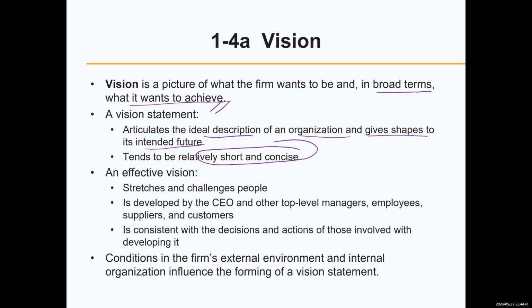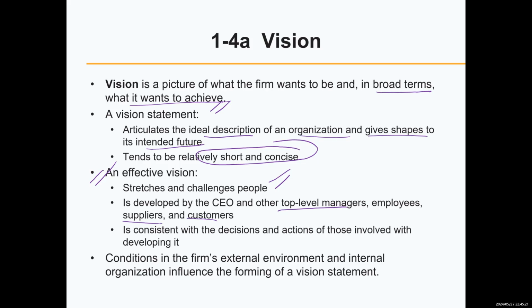Back to our vision. So what is an effective vision, which stretches and challenges people? Normally the vision is developed by the CEO, top level managers, and employees, suppliers, customers. Basically, it stretches out to every stakeholder. We'll talk about what we mean by stakeholders in our coming slide.